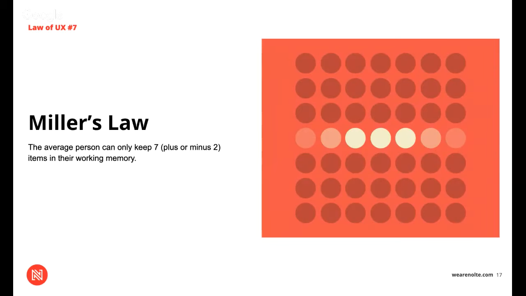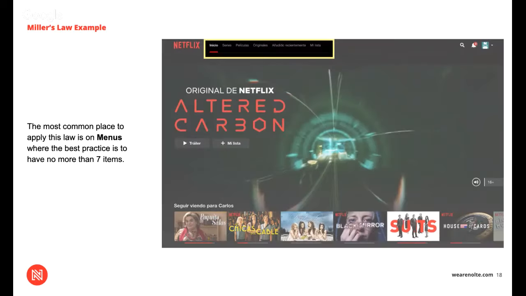And the other law is Miller's law, that says that the average person can only keep 7 plus or minus 2 items in the working memory. A very common example of this law is on the menus of every site, where a good practice is to not have more than 7 items.